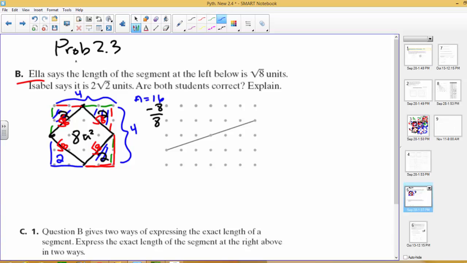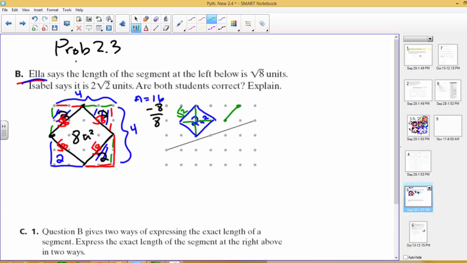Okay, so Ella says that it's square root of 8, which we have, and then this next person says that it's 2 square roots of 2. Now, don't copy what I'm copying because we're going to find the side length in a minute, but if you remember the basic square, and you can flip back and look, this is 2 units squared, and you know that because you can break this up into 4 halves, which means the basic diagonal is a square root of 2.